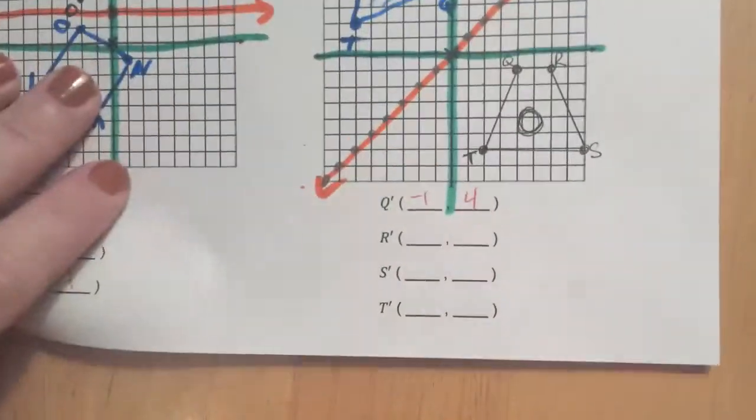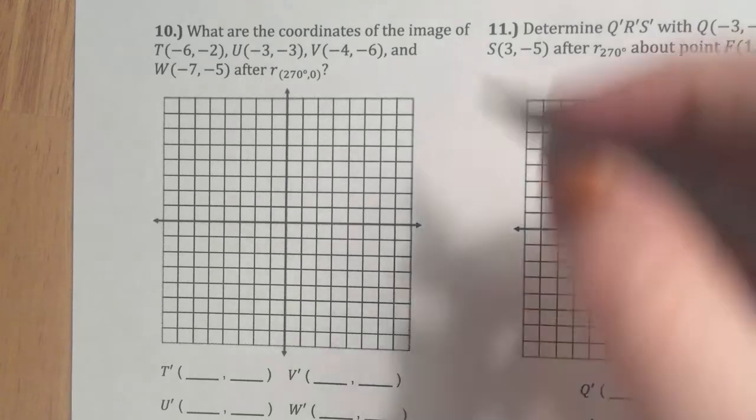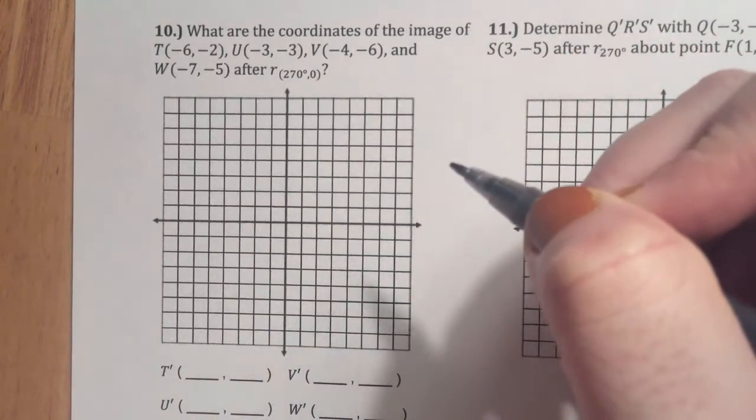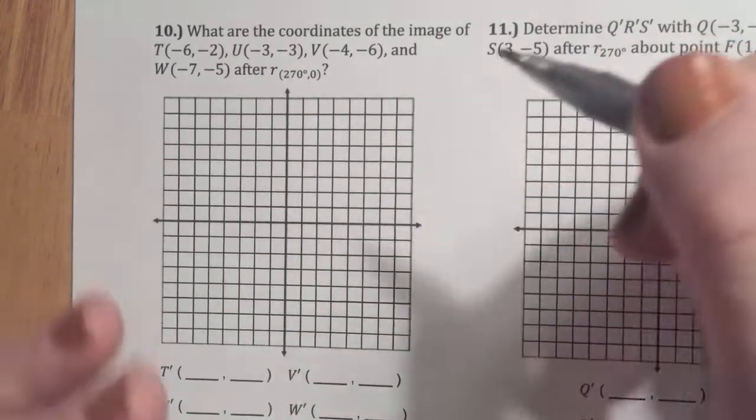Okay, so we are now on page 3. Okay, let's go and plot the points. And please remember, if I only ask you for 1 point, only do that 1 point. But this is our study guide, so we're going to do all of them.